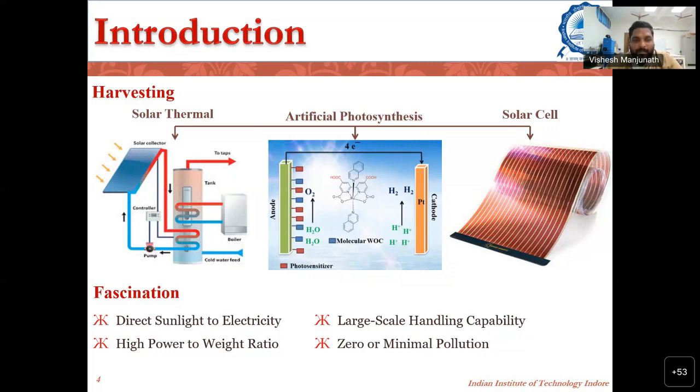Depending on the temperature, solar thermal is classified into three types: low, mid, and very high temperature applications. Low temperature applications are seen on housetops for normal water heating. Mid temperature applications include mega kitchens where you need high pressure steam. Very high temperature applications generate so much steam that you run a turbine.